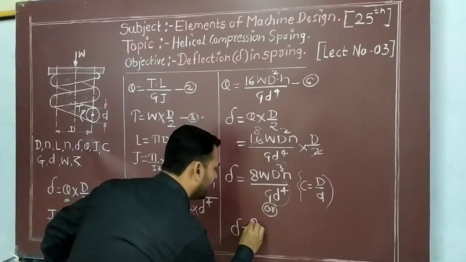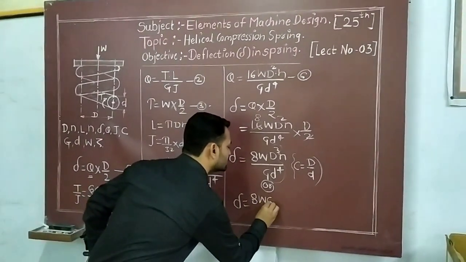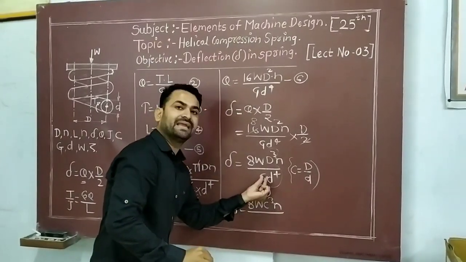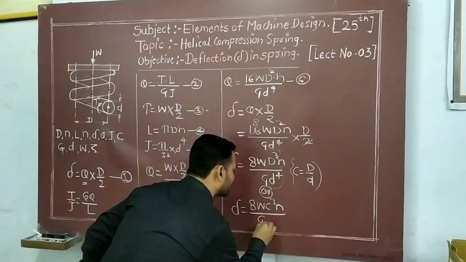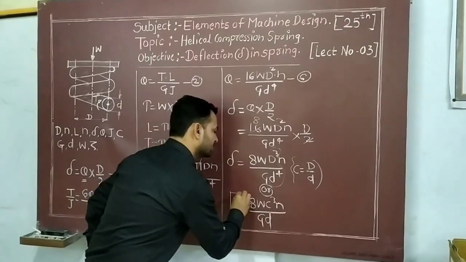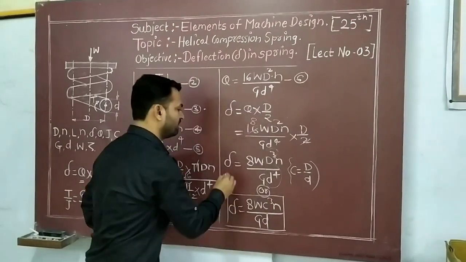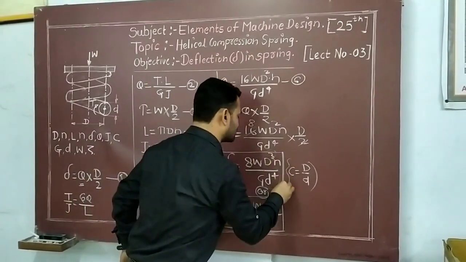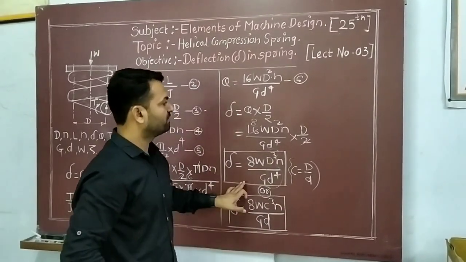It will be 8 W C cube N divided by G d, only G and d will remain. This is the final equation in terms of spring index. You can write this equation in the final exam also. This is again an important one.